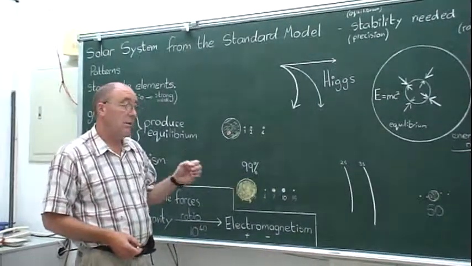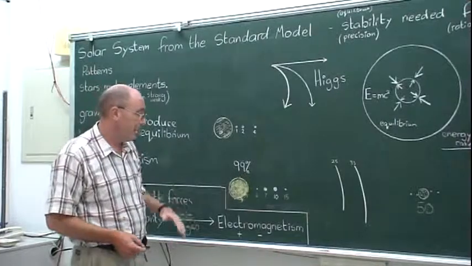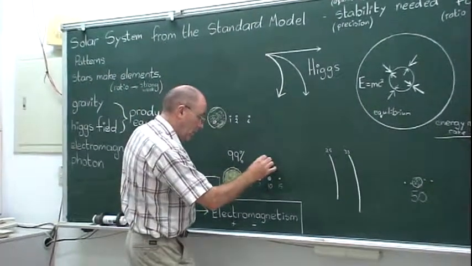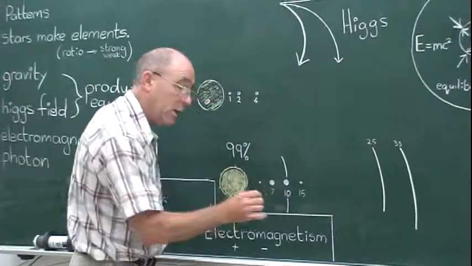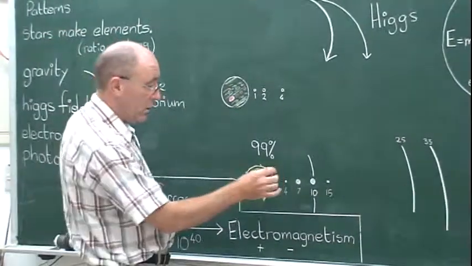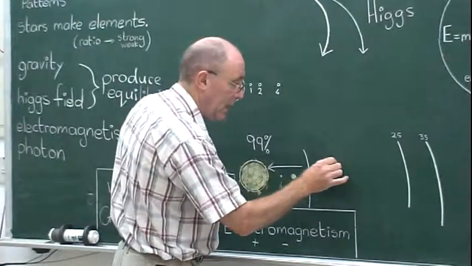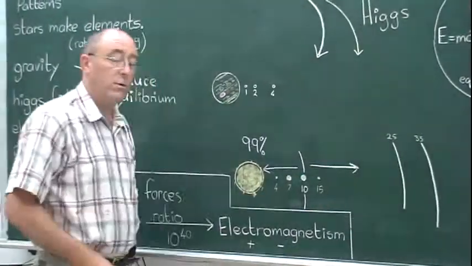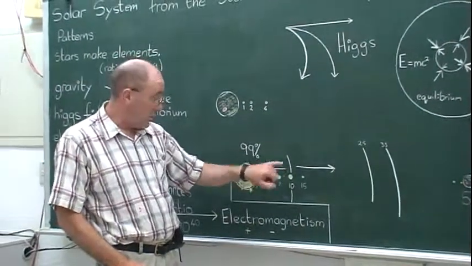So it puts some order into the solar system. So when the Earth orbits here, it stops just in one place with the pull of gravity balanced by having to accelerate it through the Higgs field. And when they balance, the Earth stops just here.